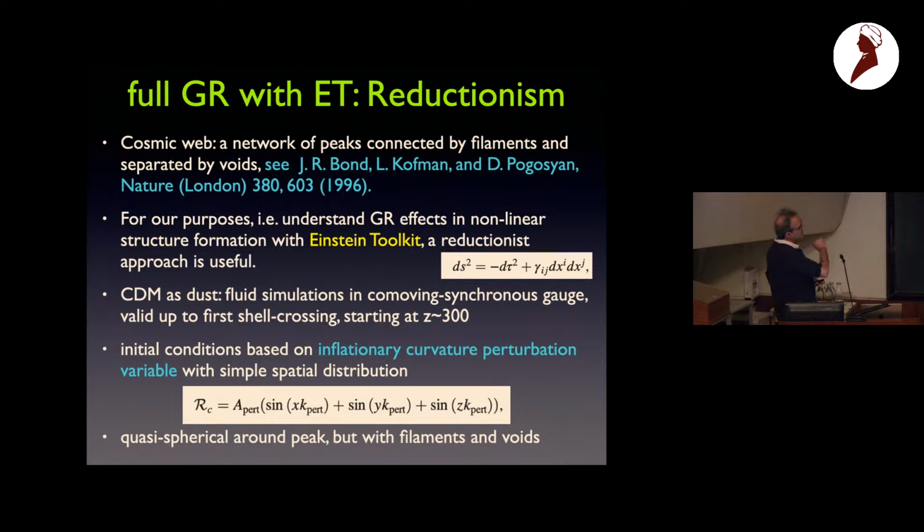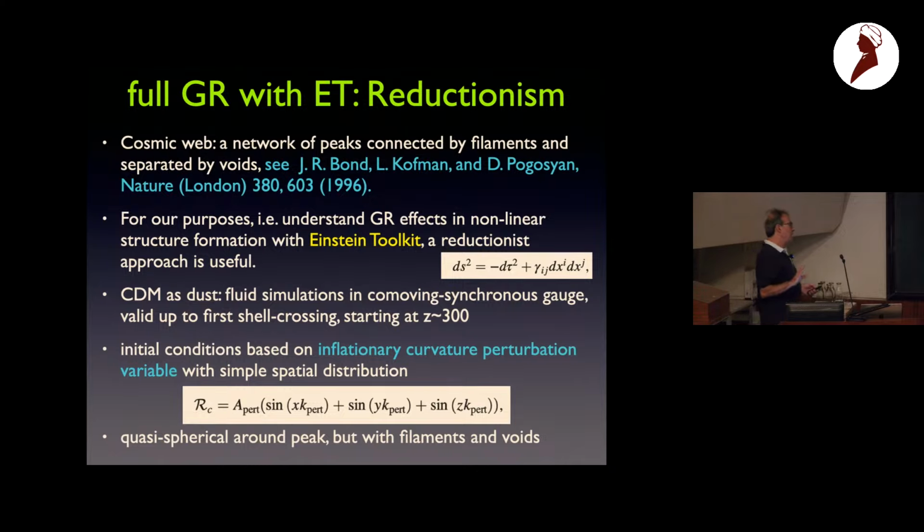So we assume that we describe cosmological perturbations using this R_C variable, which is used in inflationary modeling, for instance. It is the curvature perturbation, and we simply assume that there is an amplitude multiplying this function, which is the sum of three sinusoidals with the same wavelength in three directions.